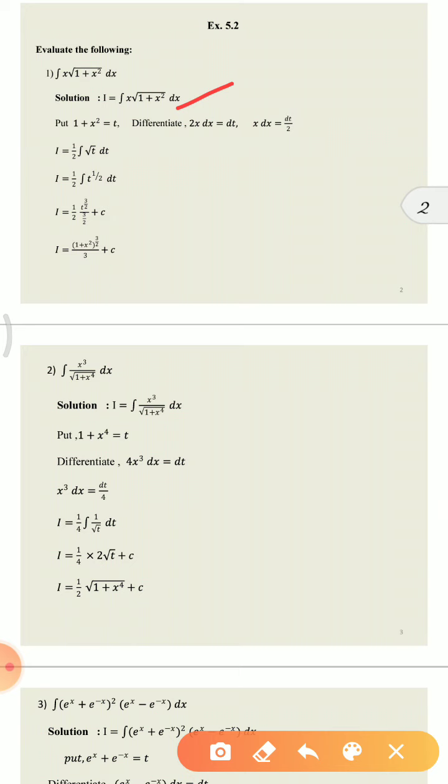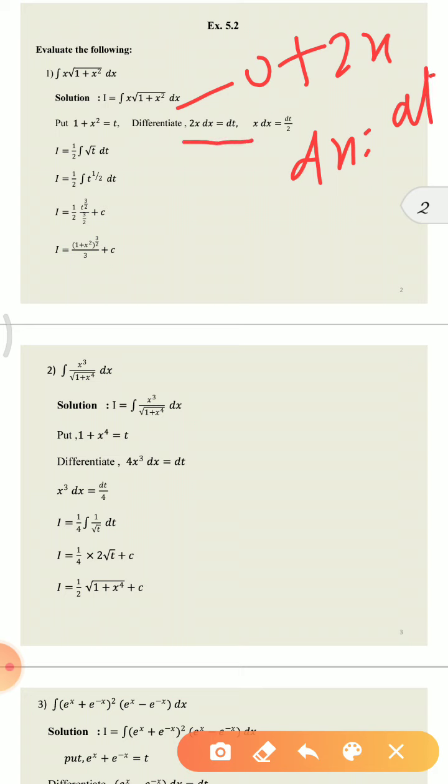Resolving this integration with the substitution method, we put 1 plus x square equal to t here. And then we differentiate this. The derivative of 1 is 0, plus x square is 2x, so 2x dx is equal to dt.